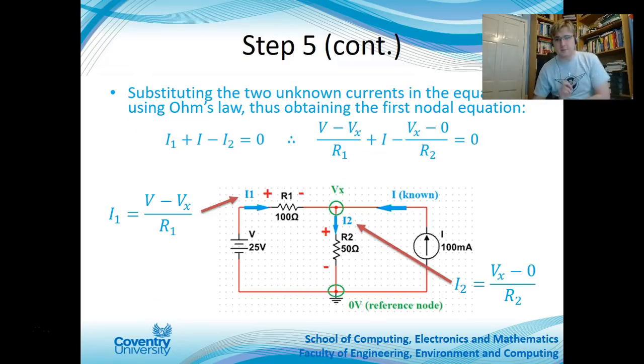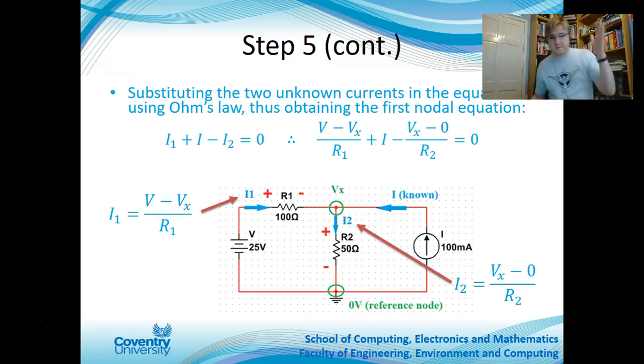So we can start populating our equations, which is what this slide says. I've got my I1 plus I minus I2 equals 0. I've substituted in for each of those terms using Ohm's law, the V over R component, because I is V over R. For the voltage drop across R1, we have V minus Vx divided by R1.